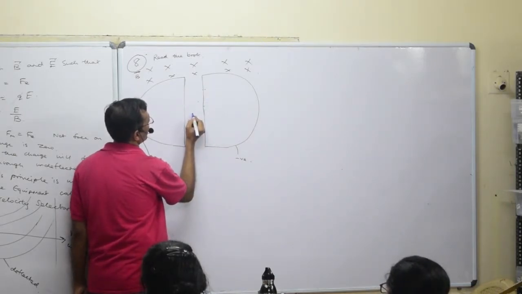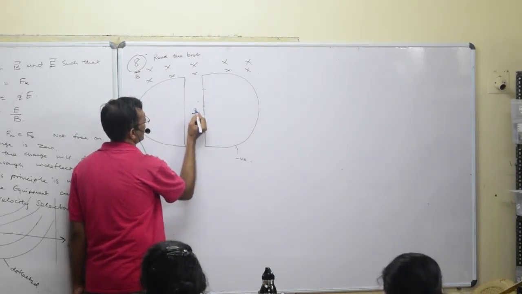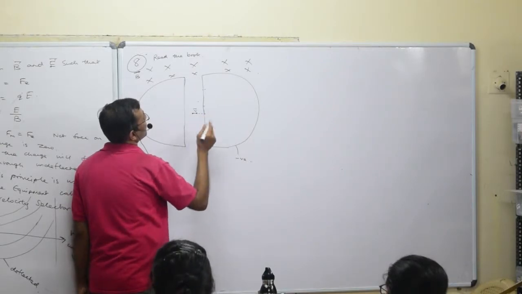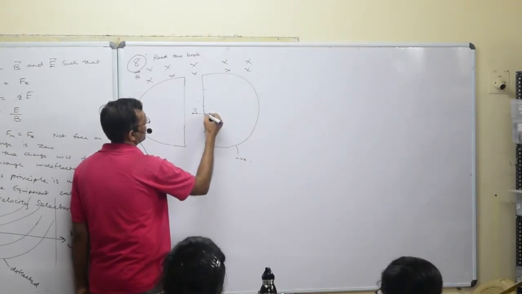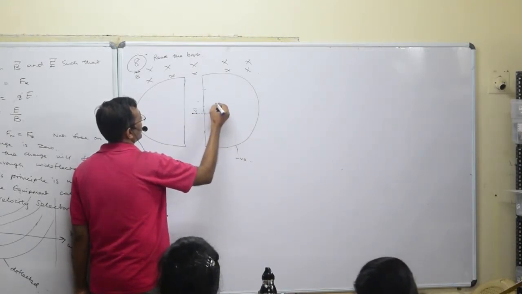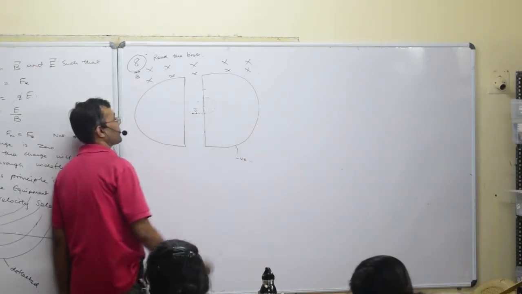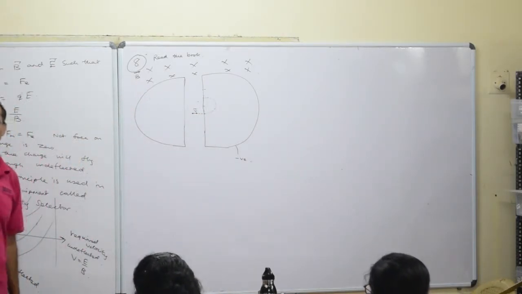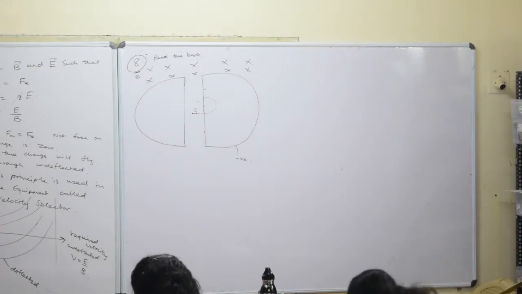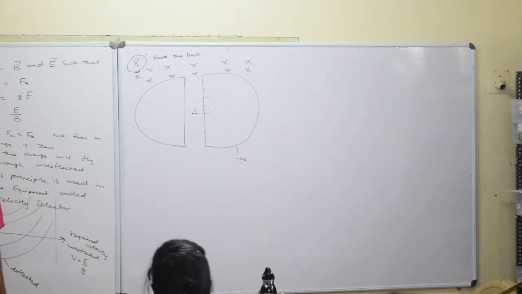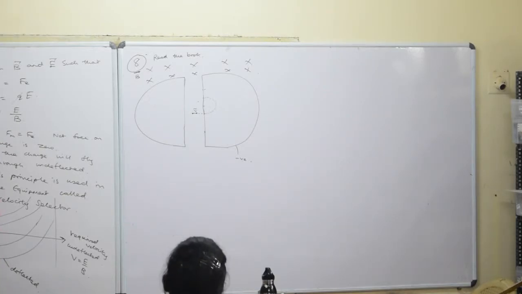So it's going to be here. If I send a velocity here, V cross B goes this way, so it's going to experience a circular motion. This you already know, right? Because if V and B are perpendicular, it will experience a circular path.